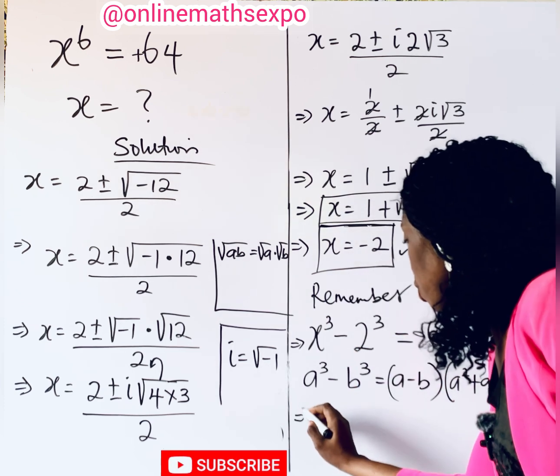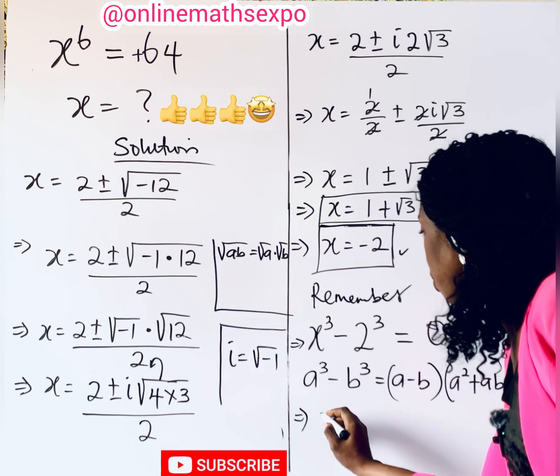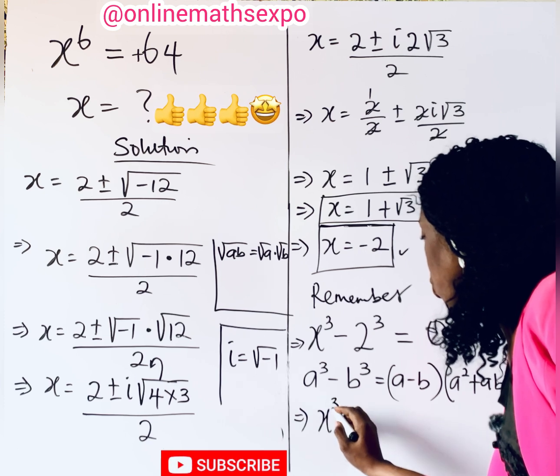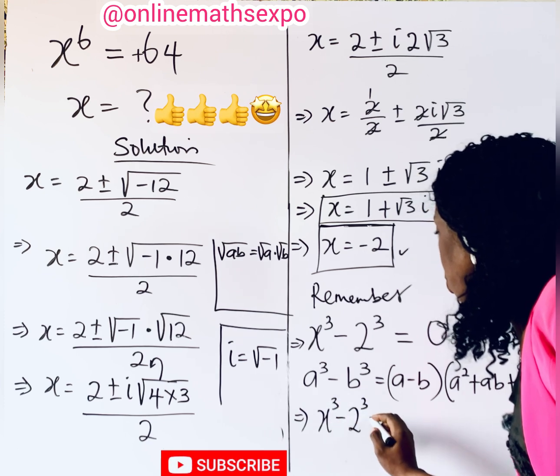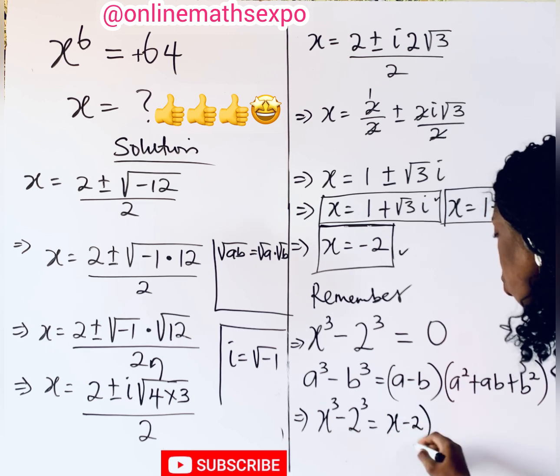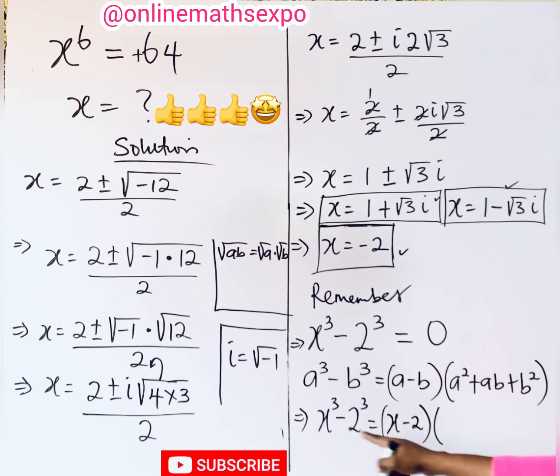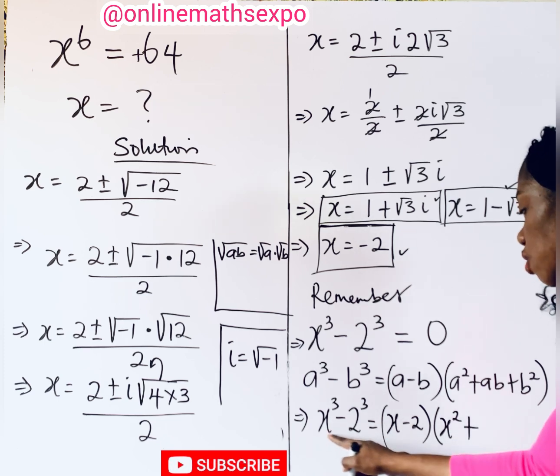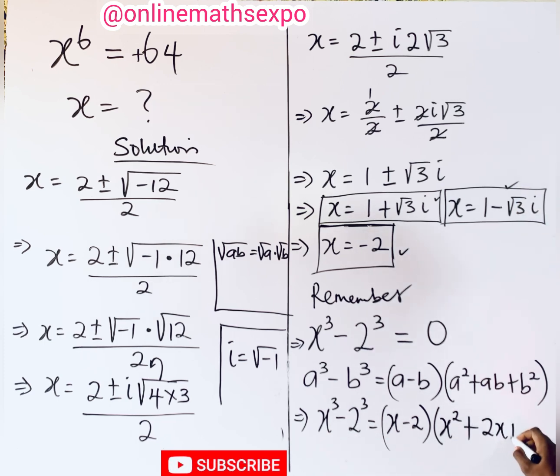This is our a, so we have x cubed minus 2 cubed is equal to x minus 2, into x squared plus multiply x and 2, it gives you 2x, then square this, it gives us 4. Did you see that? So this has given us this, and remember everything is equal to 0.